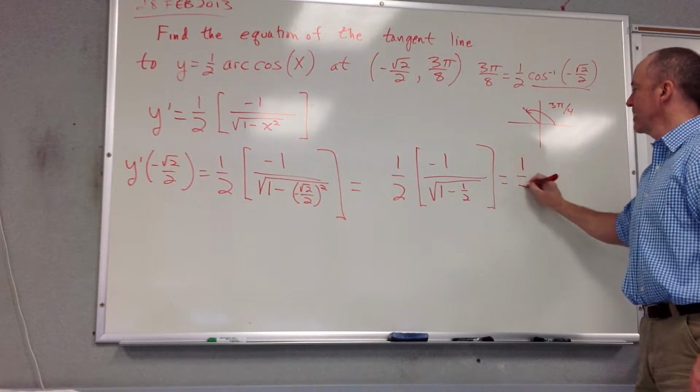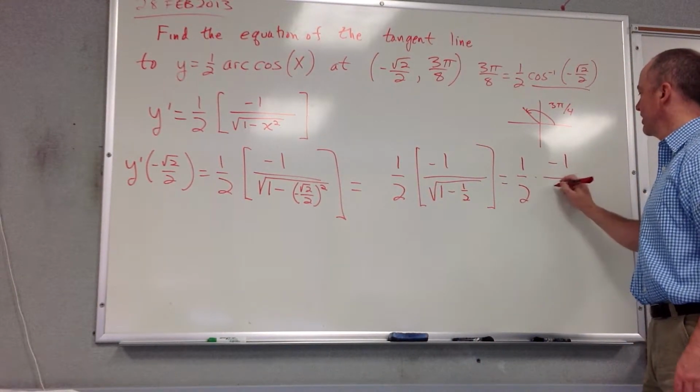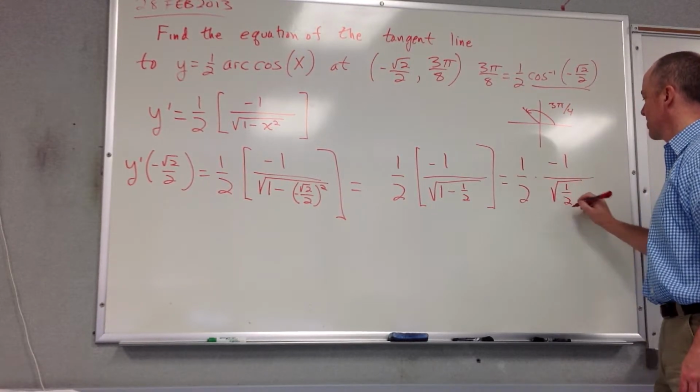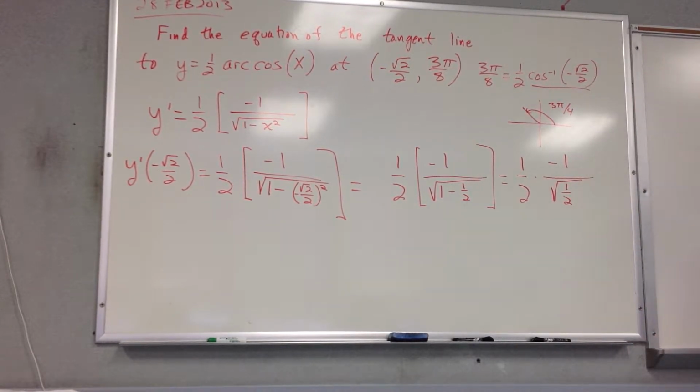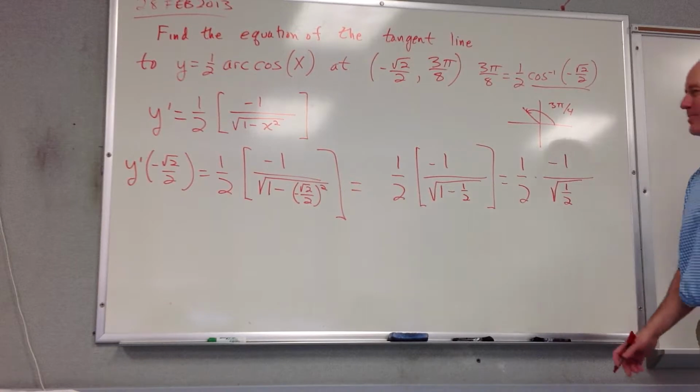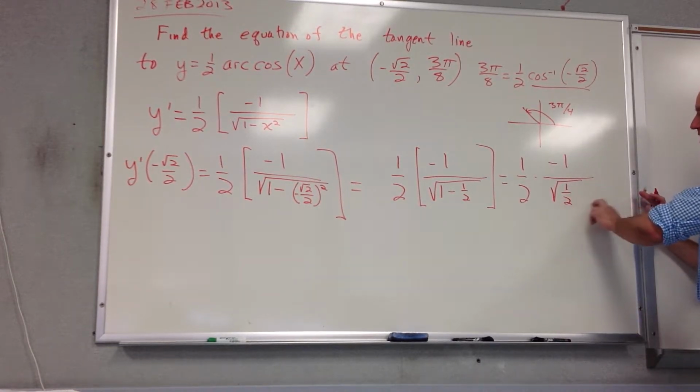So we're looking at 1/2 times negative 1 over root 1/2, which would be either plus or minus root 2. You're already simplifying this thing? Don't worry about the plus or minus yet. So, yeah, there's the square root of 1/2.